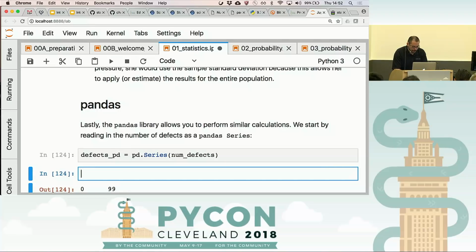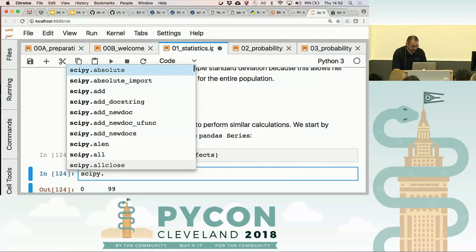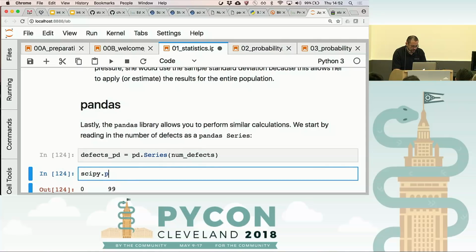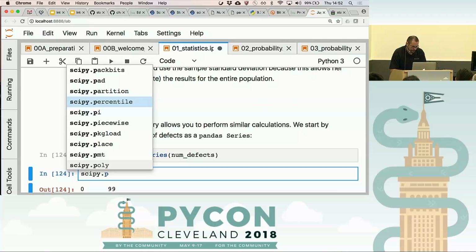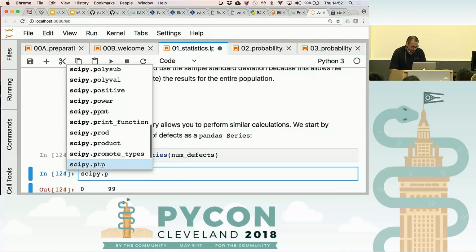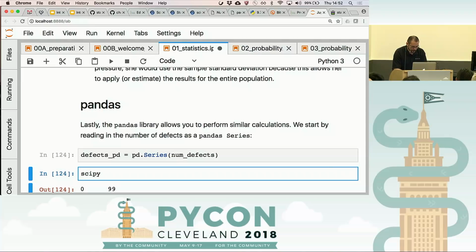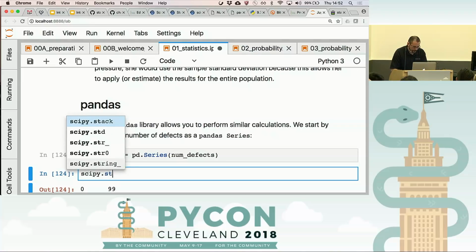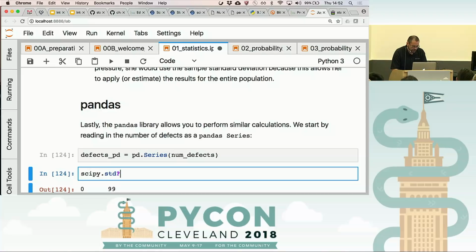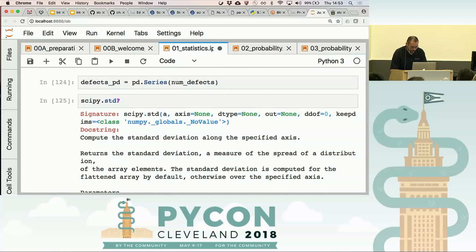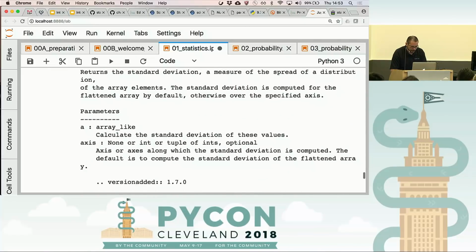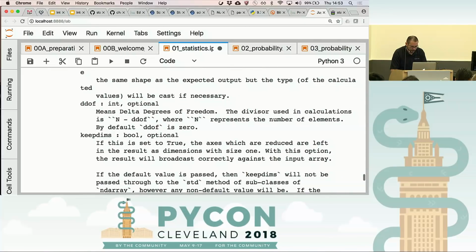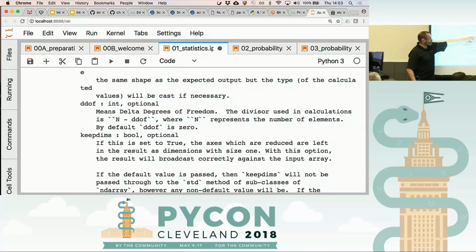Okay, so SciPy dot. In the SciPy library for standard deviation, they have a thing called delta degrees of freedom, and it identifies the divisor that you want to use.